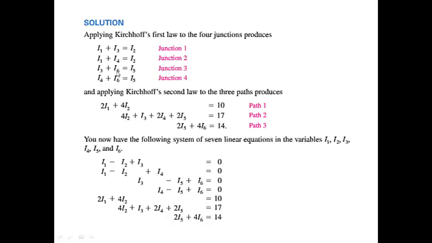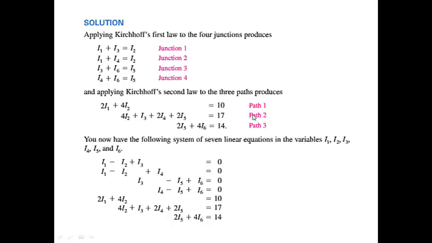Now, Kirchhoff's second law states that the sum of the products IR must be equal to the total voltage in the path. So for path 1, we have 2I1 plus 4I2 equals 10.